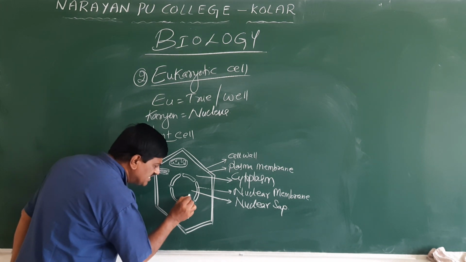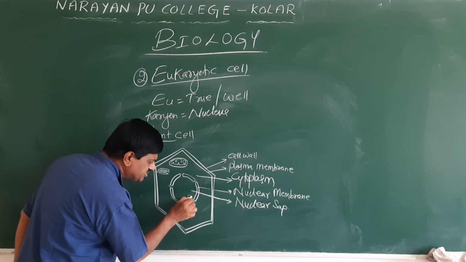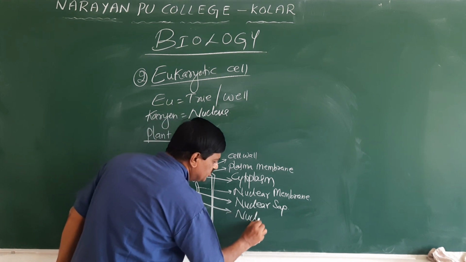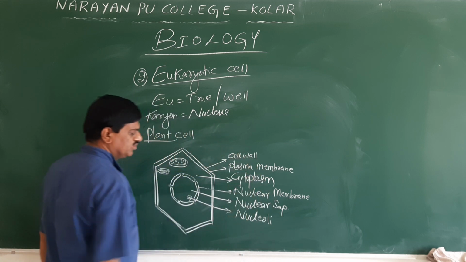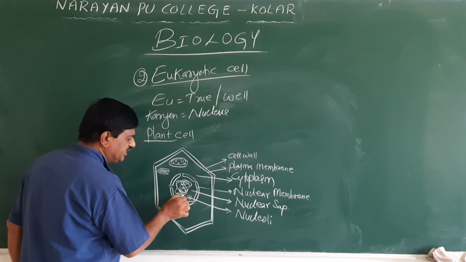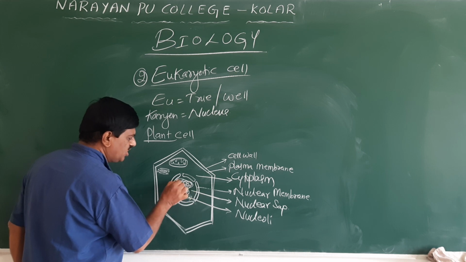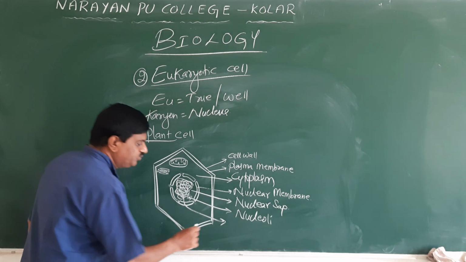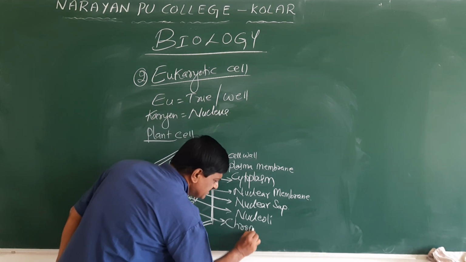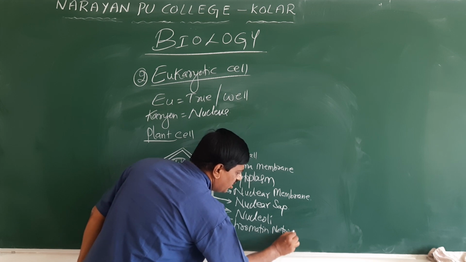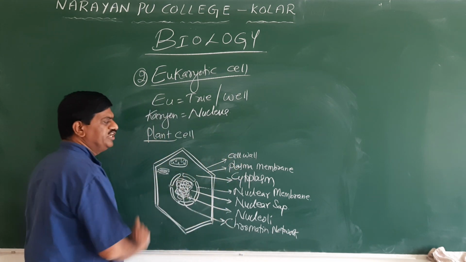Here it has a small granular-like structure, and this granular-like structure is called nucleoli. Along with that, there is a presence of genetic material, chromosomes, the chromatin network, or well-developed genetic material.